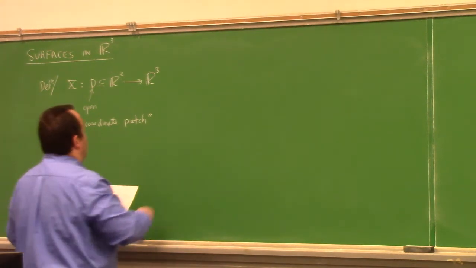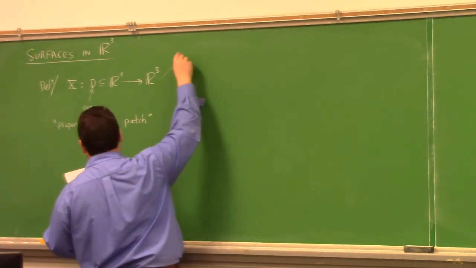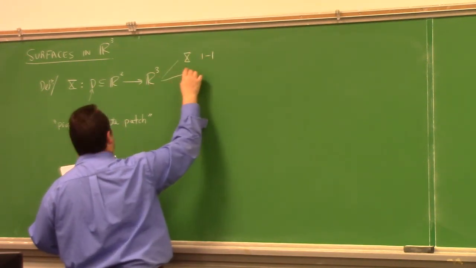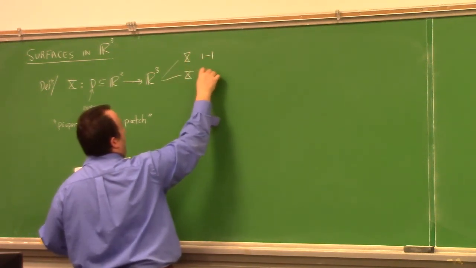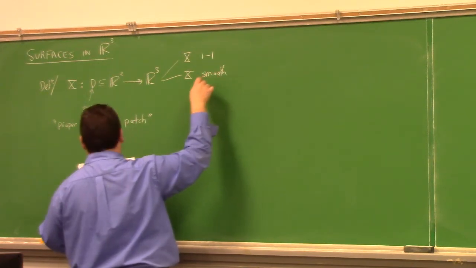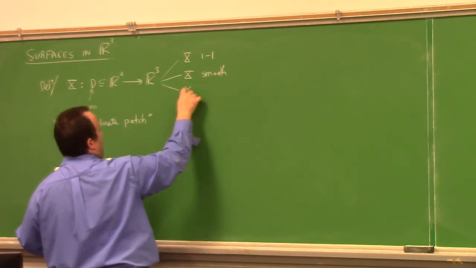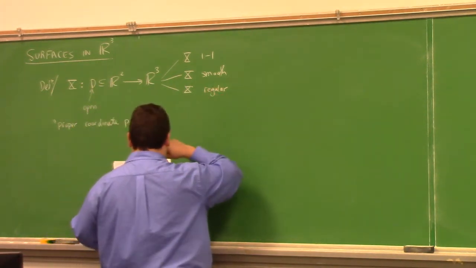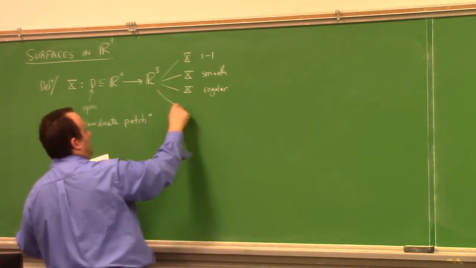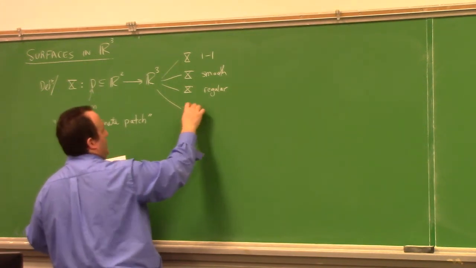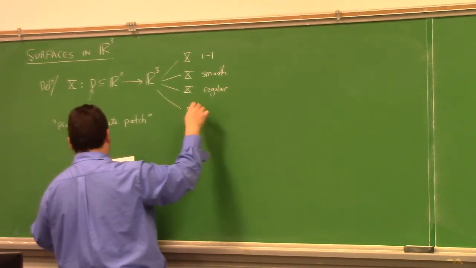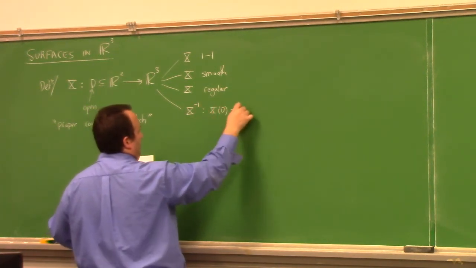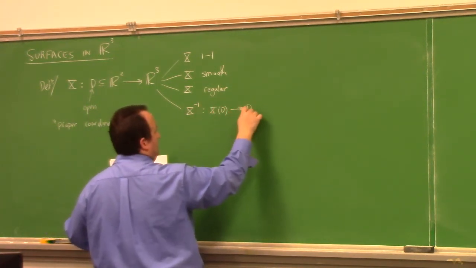So the properties that we insist on for this X are X has to be 1-to-1, X has to be smooth, X has to be regular, and X inverse, which is going to be a mapping from X of D back to D, has to be continuous.